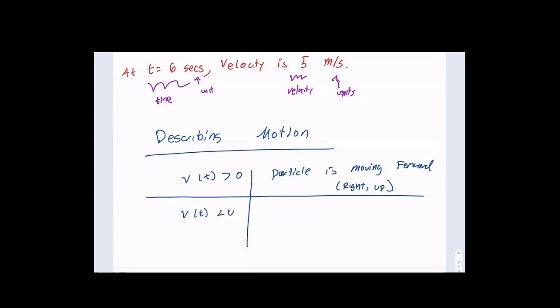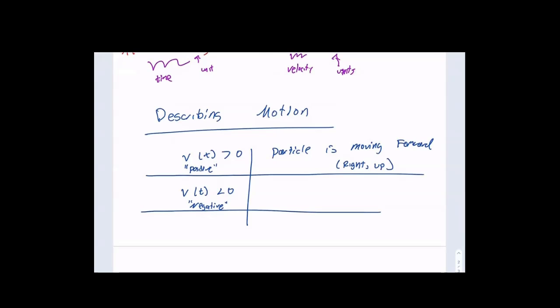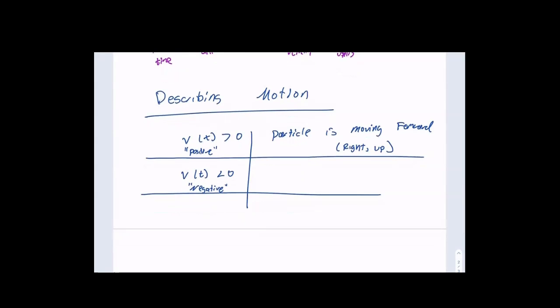And so, therefore, if v of t is less than 0, so this is positive, negative, okay? So if my velocity is negative, what does that mean about my particle? What does that mean about the motion? How is it moving?